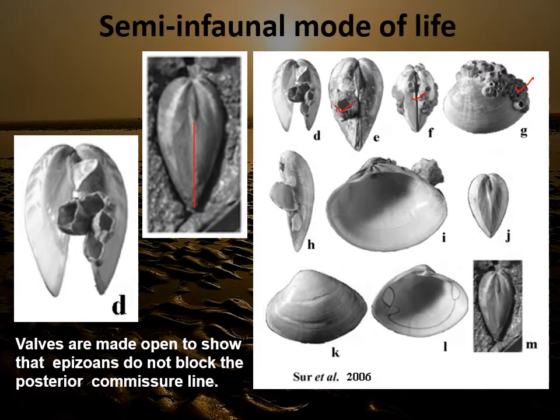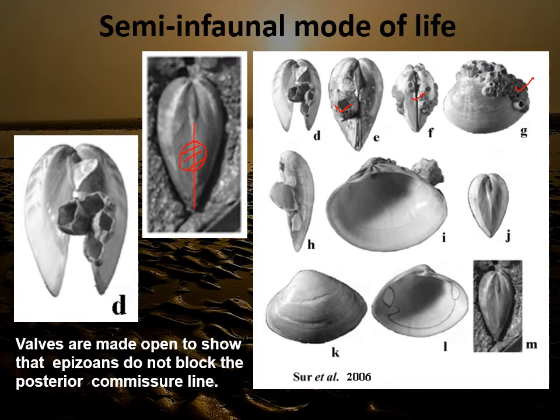Along this line, the bivalve will not allow these epizoans to settle and fix, because if an epizoan barnacle attached along this posterior commissural line, the bivalve would not be able to open its two valves, because it is sealed by the epizoan attachment. So during the living condition of this bivalve, it will not allow these epizoans to block its posterior commissural line.